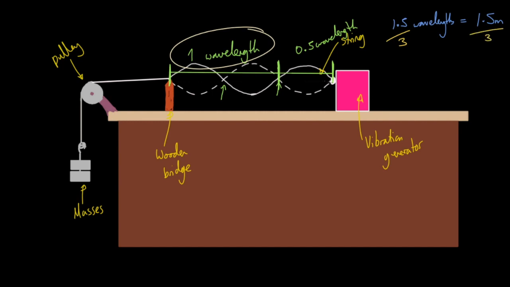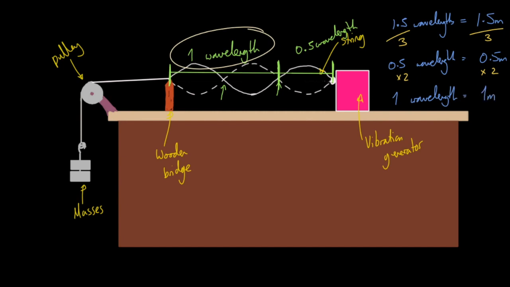And we're going to divide that by 3 as well. So that means that 0.5 wavelengths will equal 0.5 meters. We can then times it up by 2 to work out what one wavelength is, and it comes out as being 1 meter.